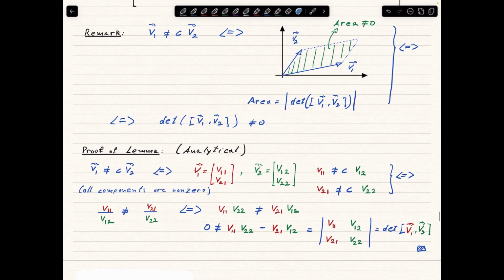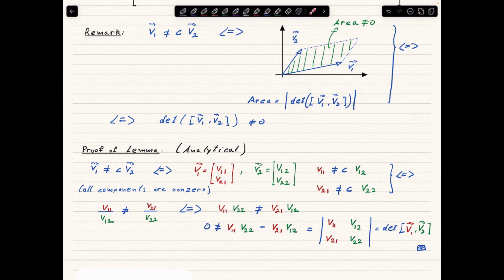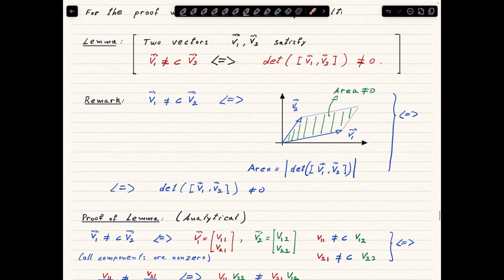So this is the analytical proof, and with the color, hopefully it's easier to track the different vectors. And that's the proof. The only thing that we need to do to complete the proof is what happens if one of these two coefficients is 0, and this is an easy case, you can work it out. But basically we have proven this result.